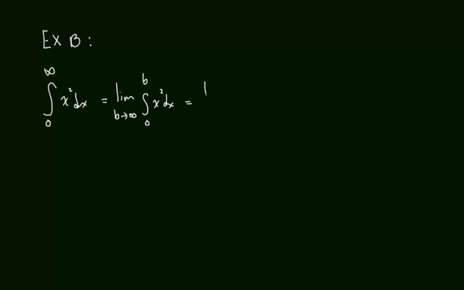This is going to be the limit as b goes to infinity, the antiderivative x cubed over 3, and we will take that from 0 to b. I'm pulling out the 1/3, limit as b goes to infinity. Let's be a little more careful there. I'm going to plug in the b cubed, and I'm going to plug in the 0 cubed.